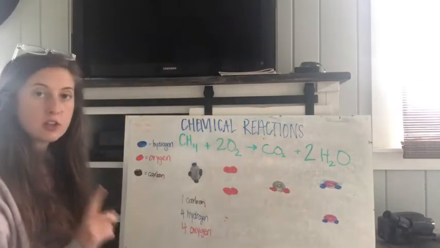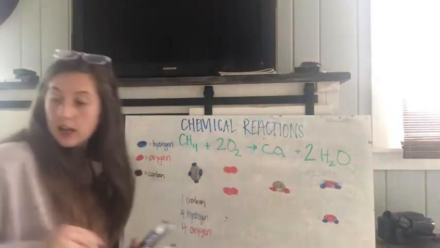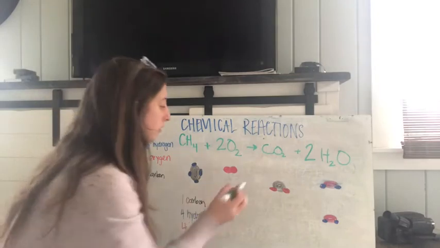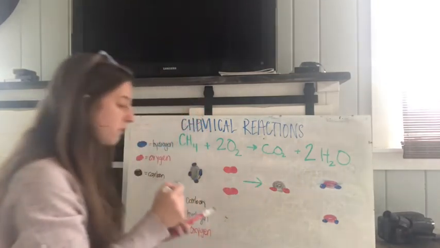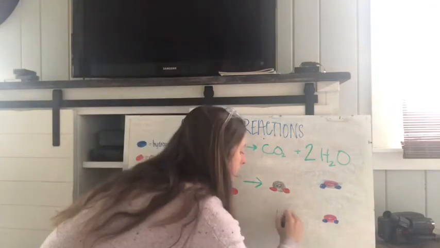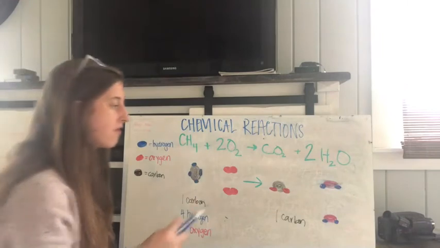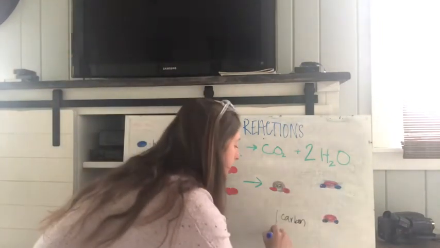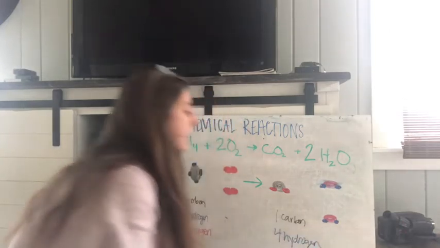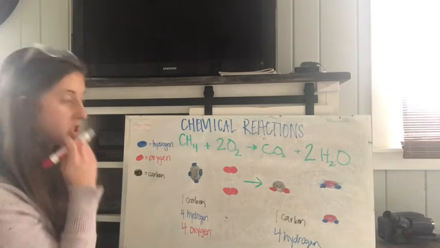Now, let's count the total number of each of the atoms on this side of the equation. How many carbon atoms, how many black circles? We have one. How many hydrogen atoms do we have? 1, 2, 3, 4. And how many oxygen atoms do we have?